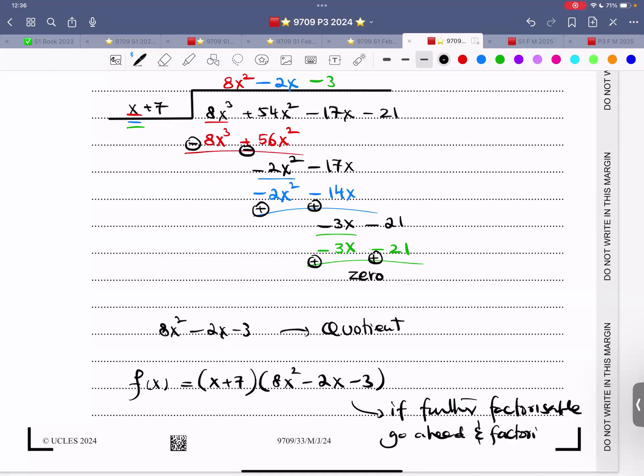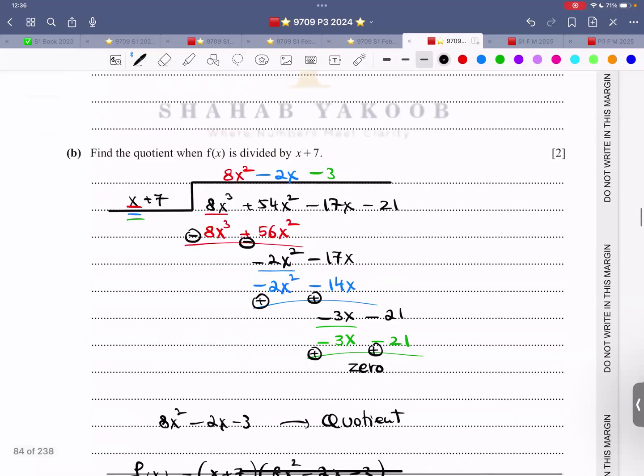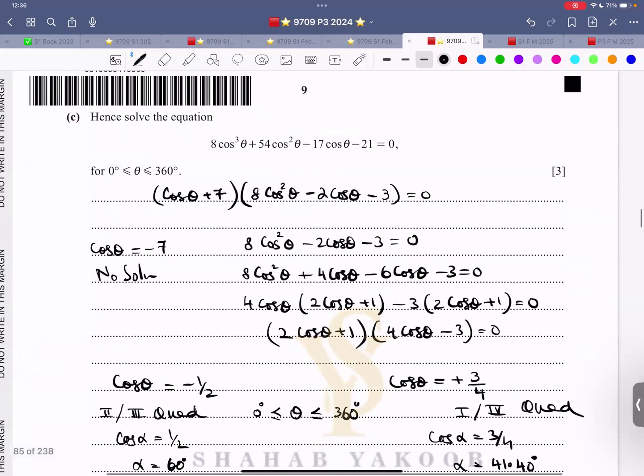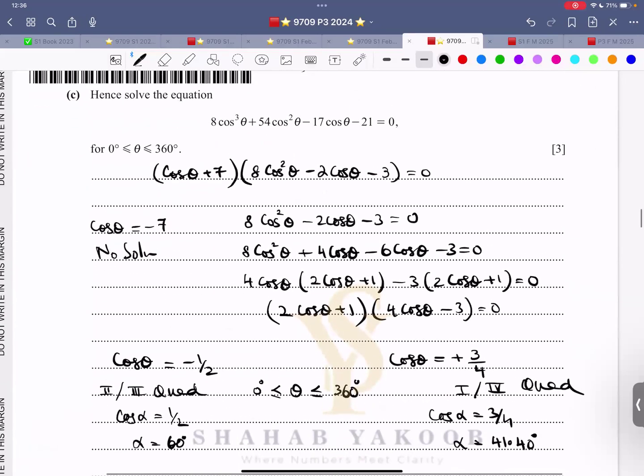If it's possible, go ahead and do it. All good, all clear? So that was a small question. Oh, it's related to this trigonometry. That's a nice connection. Linking factorization with coordinate geometry, and I think it's factorizable. Yes. Hence, solve the equation.